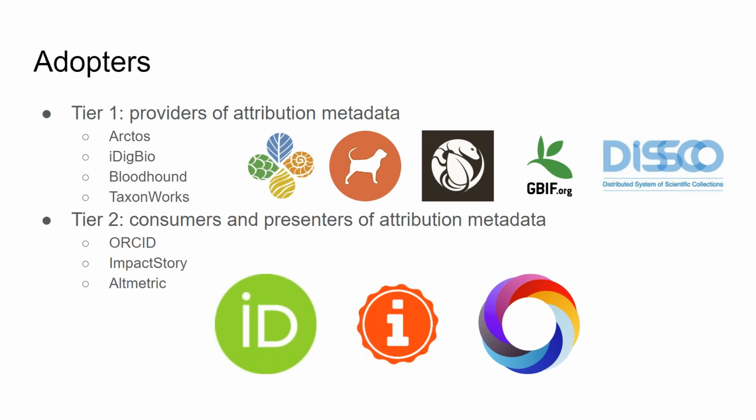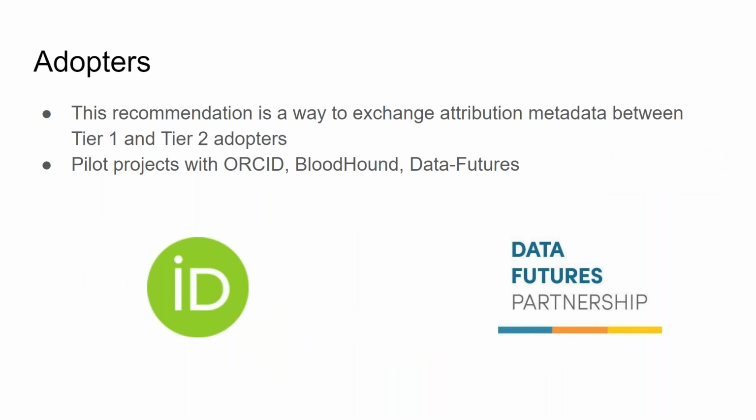And so the idea is that the people working with the collections will provide that data to one of the tier 1 adopters, and then the tier 1 adopters would provide the data to the tier 2 adopters for consumption. So this recommendation is a way to exchange attribution metadata between tier 1 and tier 2 adopters.